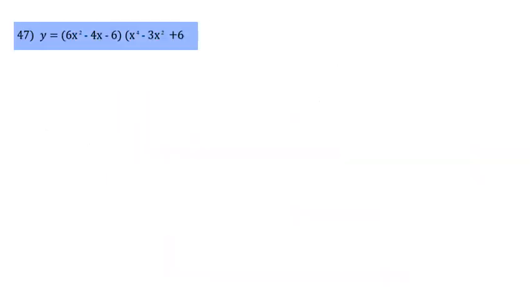To find the derivative dy by dx of y by using the product rule, d by dx for uv is equal to u dash v plus v dash u. Let's try this time to find the derivative directly without writing u and v.